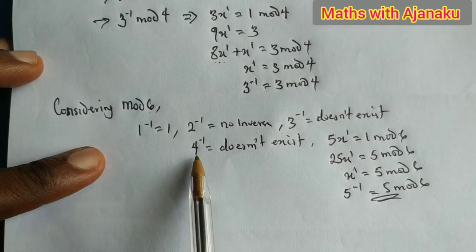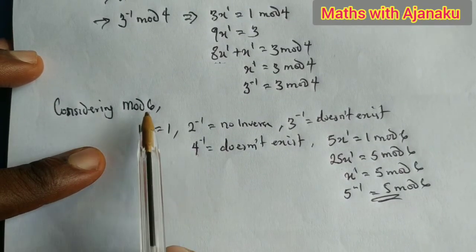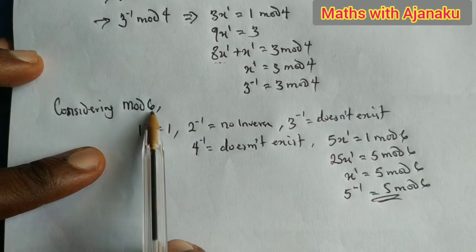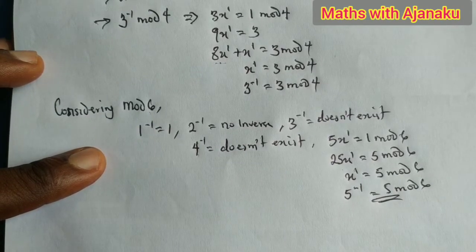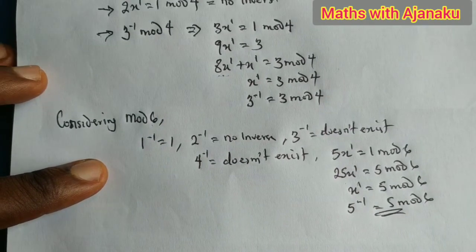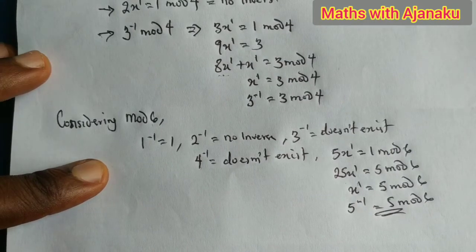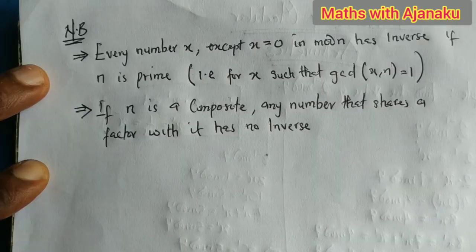However, 4 shares the factor 2 with 6, so due to that reason, it has no inverse in modulo 6. So are the cases of other moduli we came across. If they share a factor with any of their elements, that particular element will have no inverse in them.